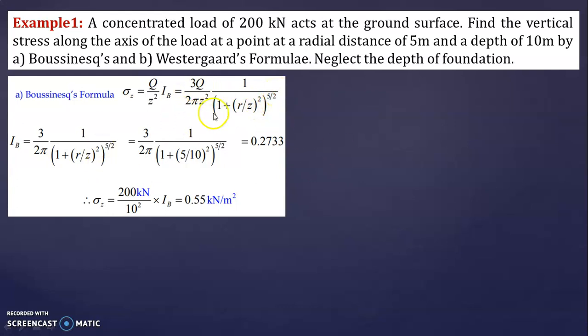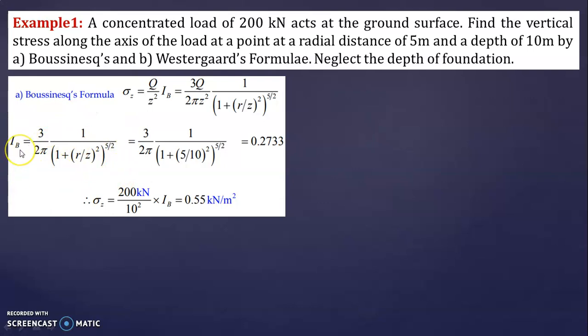Now IB, if you have the table, you can directly take the IB value based on R by Z ratio. If the table is not given, you have to calculate IB value using this equation.